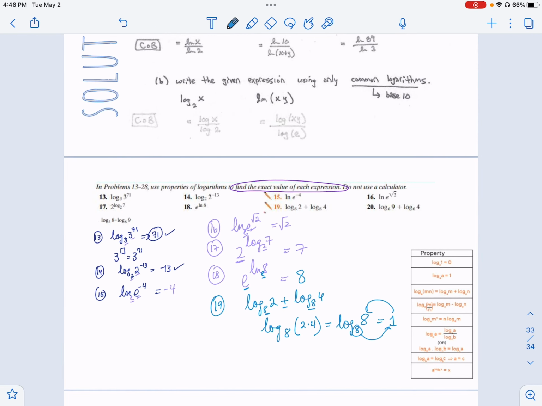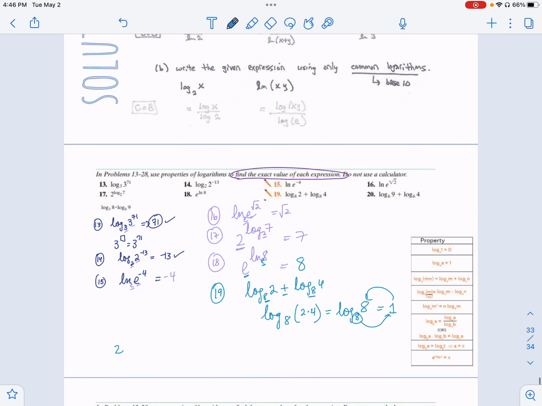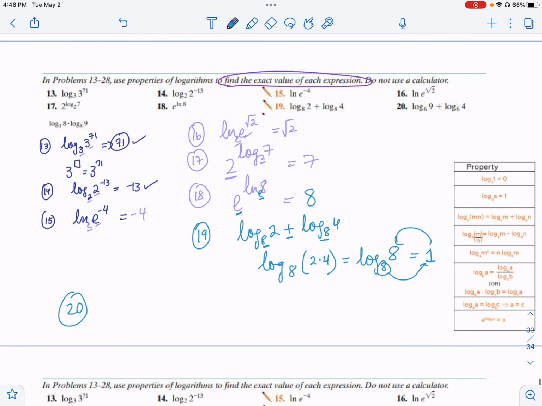Okay, and one more, just 20. Log base 6 of 9 plus log base 6 of 4. Base is the same, and there's addition here. We should be able to compress it to product property. Log base 6 of 9 times 4 is 36, which should be 2 because 6 squared is 36.